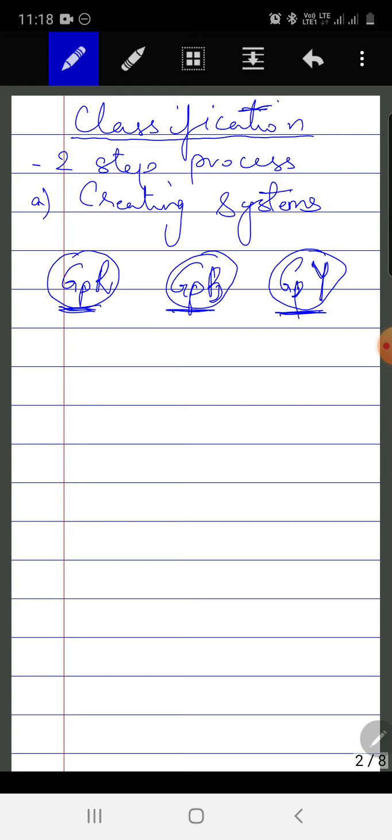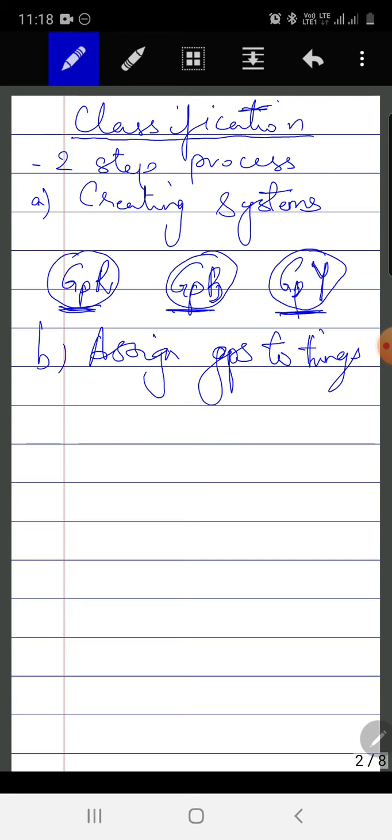In the second step, now that we have created systems, we assign groups to things. Now you have a clutter of boxes. Let us suppose you have several boxes in front of you. You pick one box and you place it in this blue group. Why? Because it is blue in color.